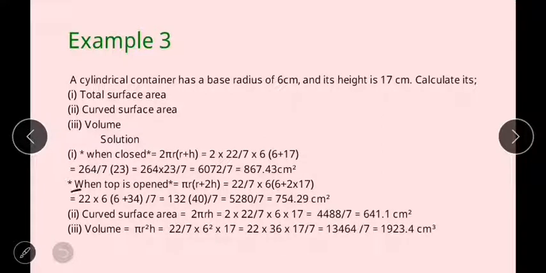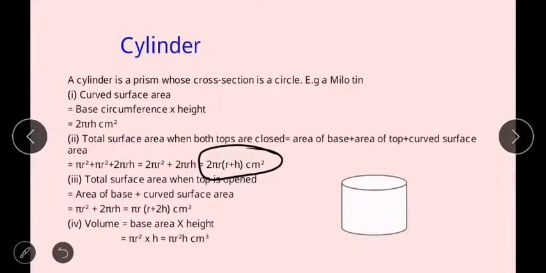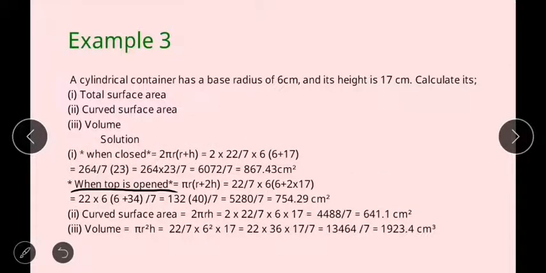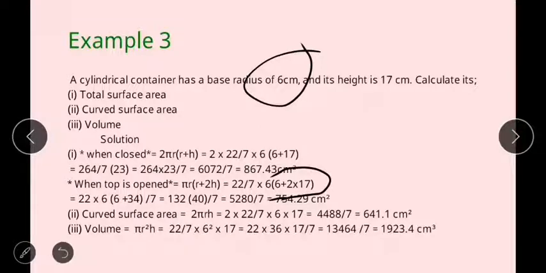How do we calculate when the top is opened? Don't forget, you have your formula given here. When the top is opened, we have this formula: pi r, open bracket, r plus 2h. If you put the values there, your pi is 22/7, r is 6, right? Now, r plus 2h, 6 plus 2 times 17.